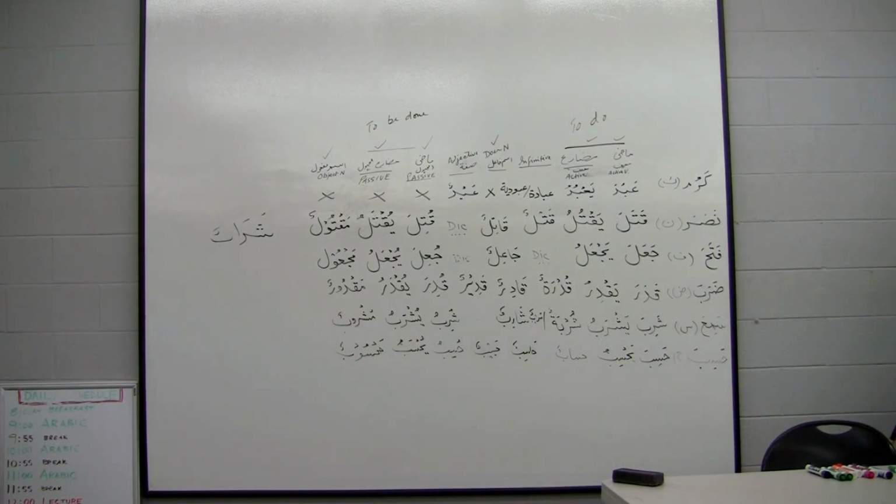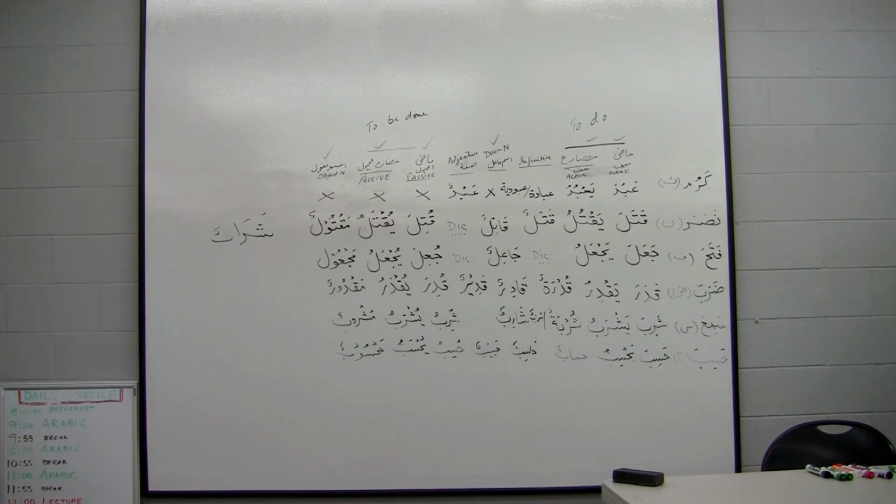Then number 3 is fataha. Next is daraba. Example is qaf dal ra, qadara yaqdiru, qudratun, fahuwa qadirun. The sifat is qadirun.